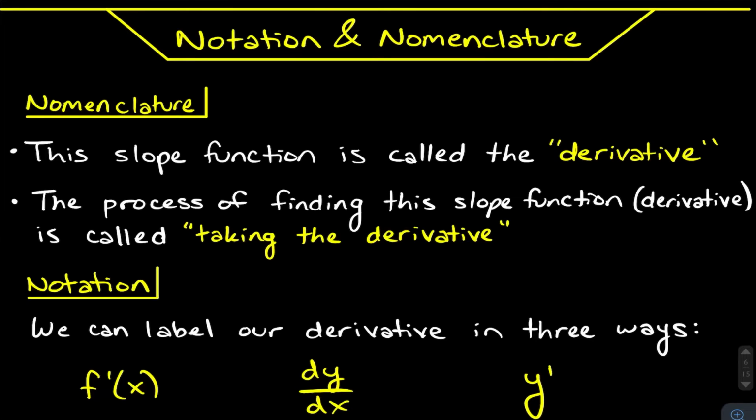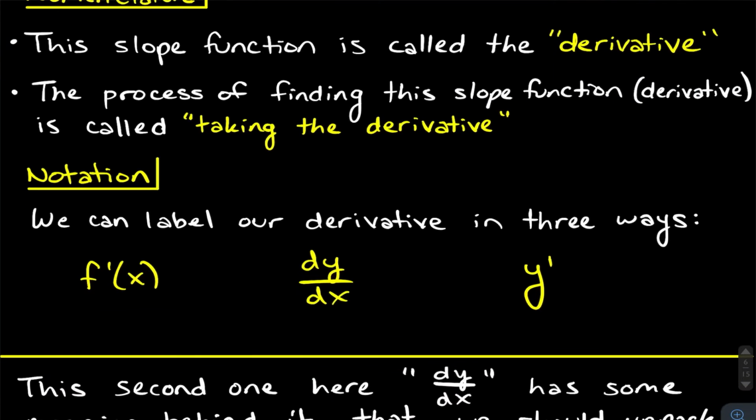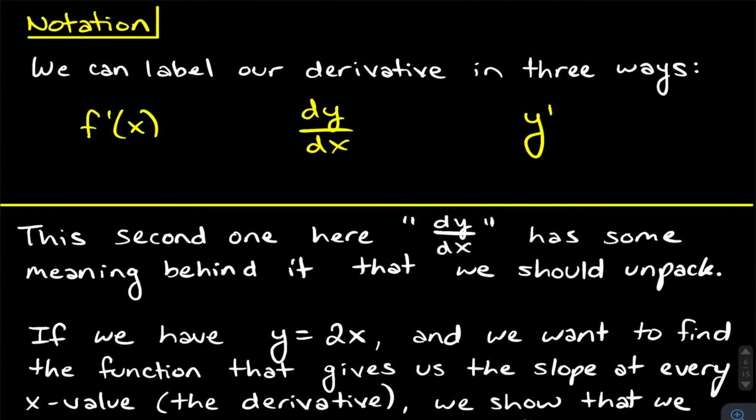Now, the process of finding the slope function, what you're going to see here, is called taking the derivative. That's kind of the verb that we use. We say, oh, I'm just going to take a derivative. And remember, we call that slope function the derivative. The notation that we use here, we can label our derivative in 3 separate ways.